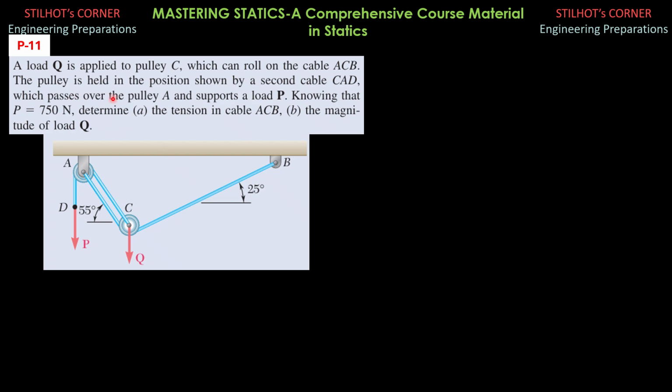The pulley is held in position shown by a second cable CAD. Take note that the passage of this cable here is also one side or one turn, and it is extended.